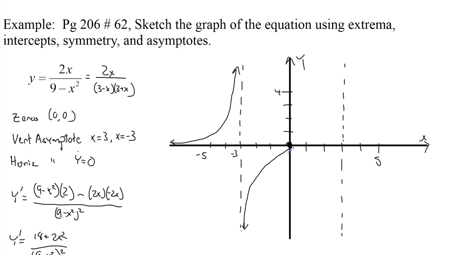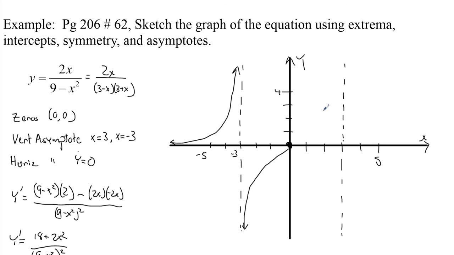Now, from 0 to 3, I again have two options. It can go up towards the positive infinity as it gets closer to the horizontal asymptote, or it can start at 0 and go down towards negative infinity. And again, it can't change because there are no values for x that are 0 in this interval.